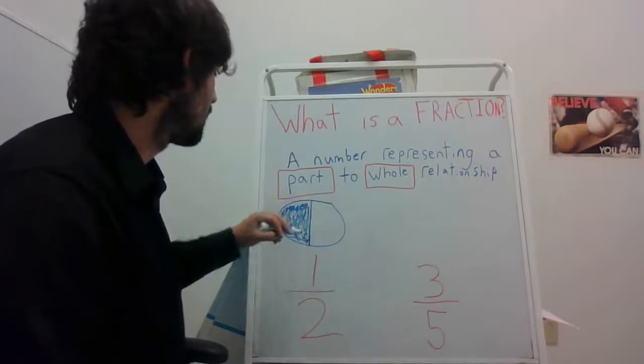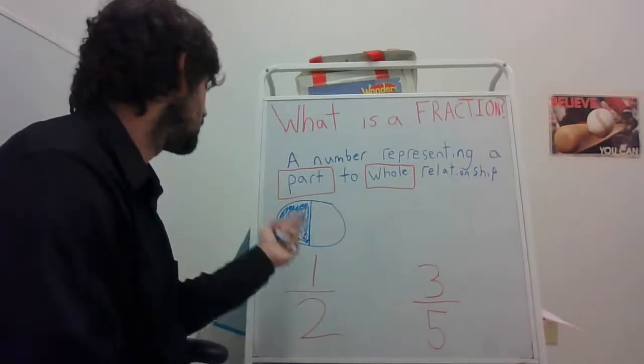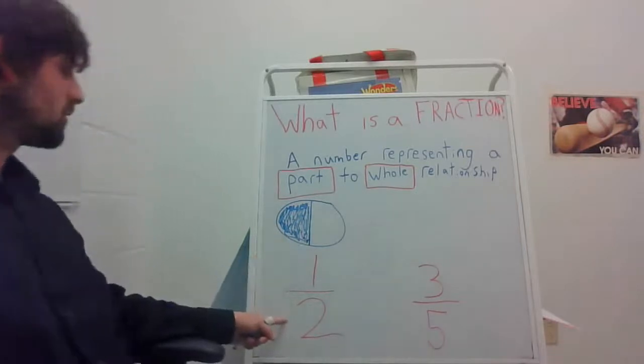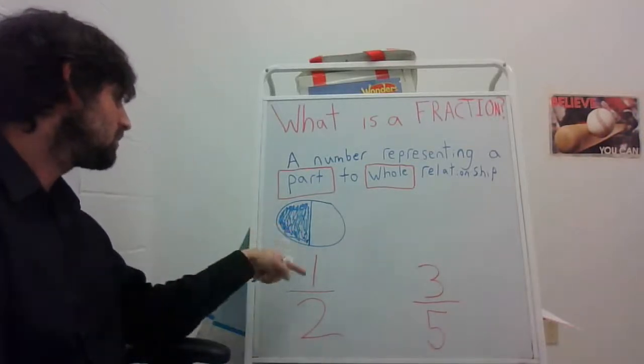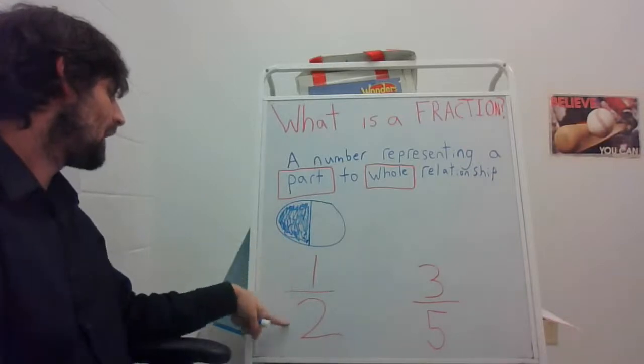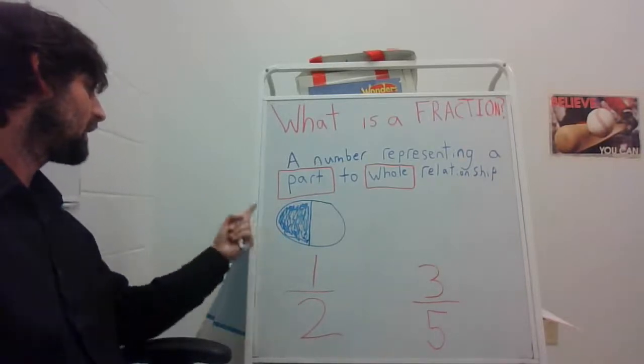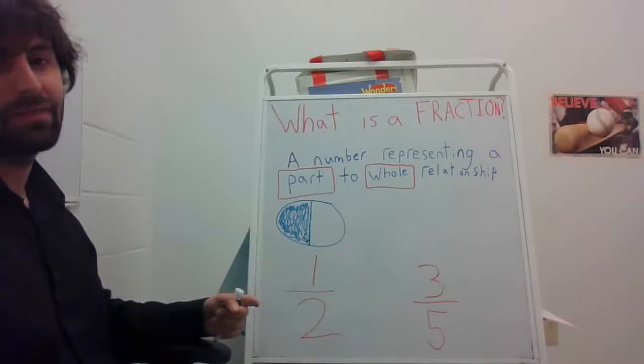So I have a circle. I divided the circle into two equal parts. 2 is the denominator. One of those two parts is shaded blue. So I have my fraction 1/2, and then I have the picture which represents 1/2.